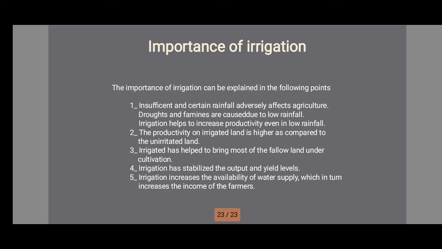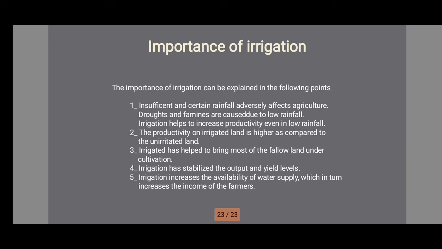The productivity of irrigated land is high as compared to unirrigated land. Irrigation has helped to bring most of the fallow land under cultivation. Irrigation has stabilized the output and yield level. Irrigation increased the availability of water supply, which in turn increased the income of the farmers.